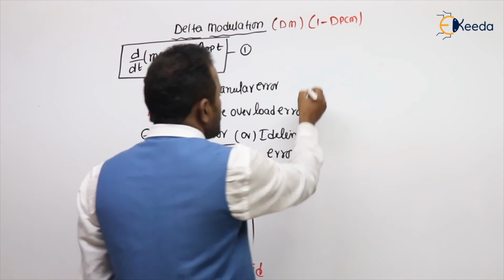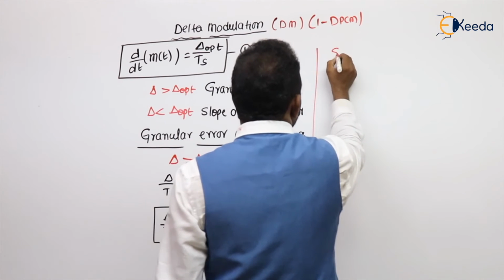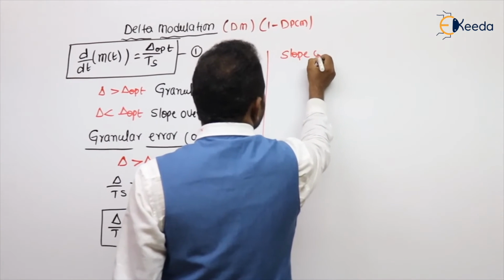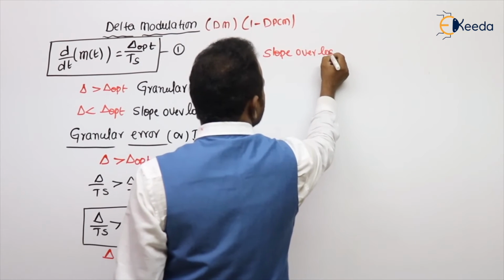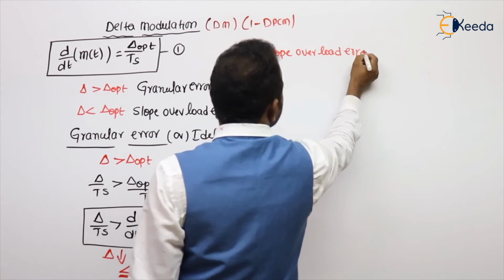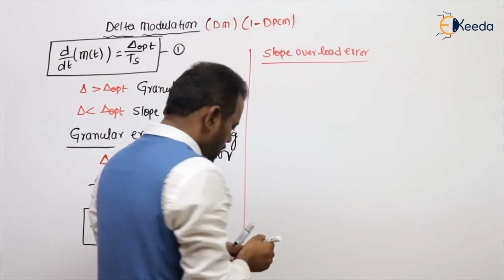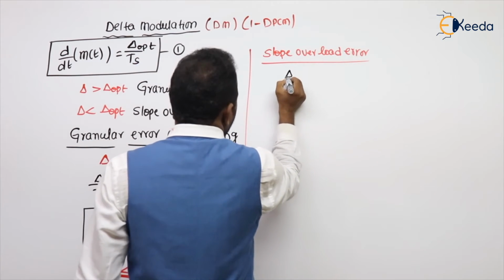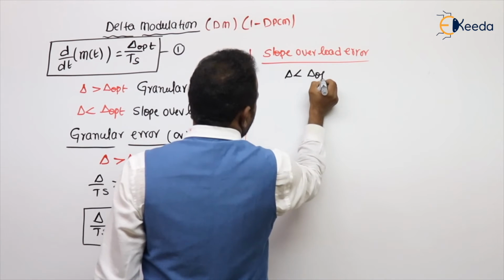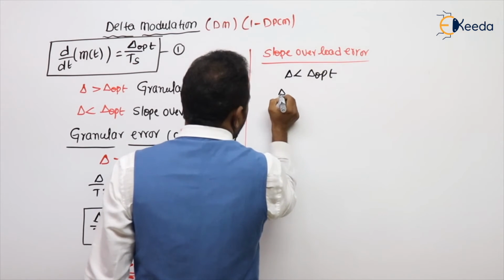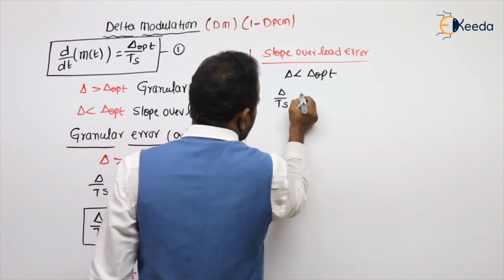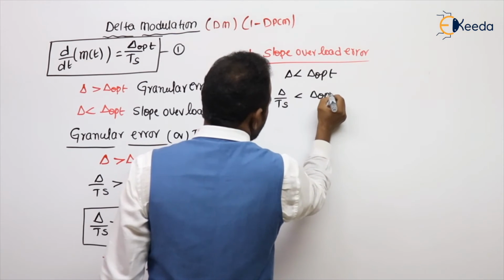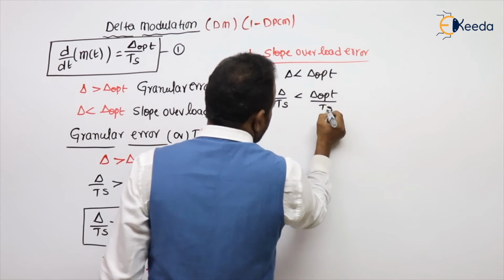Now what about the slope overload error? Let's see. When will slope overload error come, sir? Whenever delta is less than delta optimum. That is delta by Ts less than delta optimum by Ts.